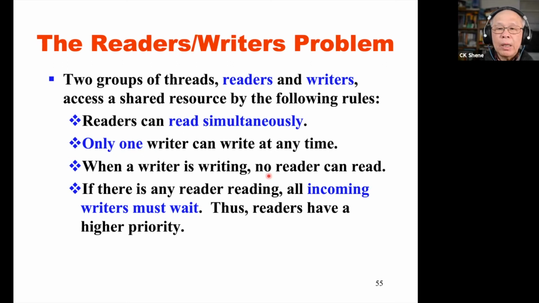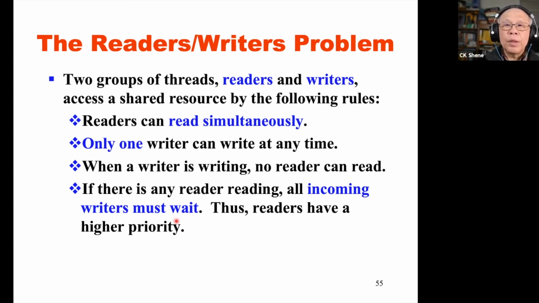We have to establish something more in order to make the whole thing workable. That is, if there is any reader reading, all incoming writers must wait. And this is very reasonable because a writer could overwrite the information currently being read due to concurrent sharing. So we have a race condition.